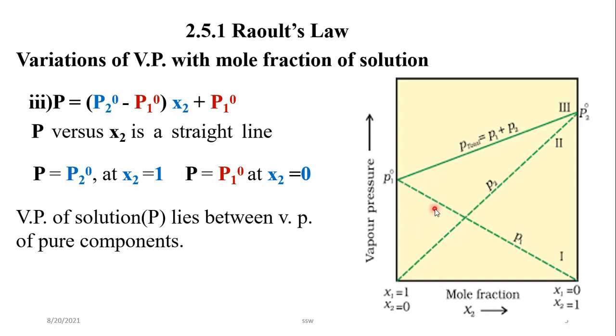When the composition of the solution, that is x1 and x2, is known to you, then you can calculate the total vapor pressure. Or if you know the total vapor pressure, then you can calculate x1 and x2. So numerical problems based on this equation we will solve next time.